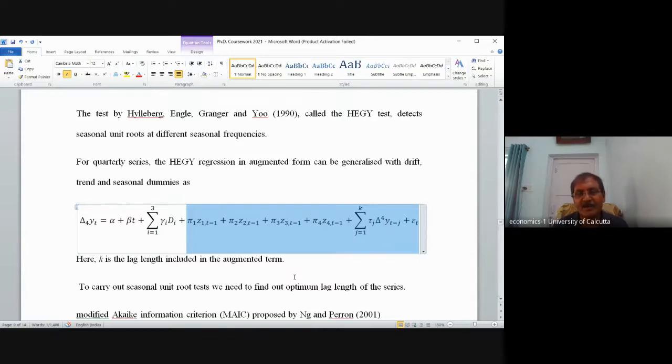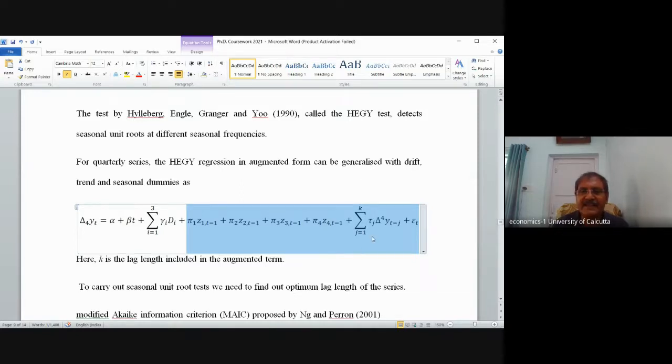You had taken only one possibility. But here we have considered four possibilities. One is captured by pi 1 Z1 t minus 1, another by pi 2 Z2 t minus 1, then pi 3 Z3 t minus 1, and pi 4 Z4 t minus 1. So there are four alternatives in the case of a quarterly time series.